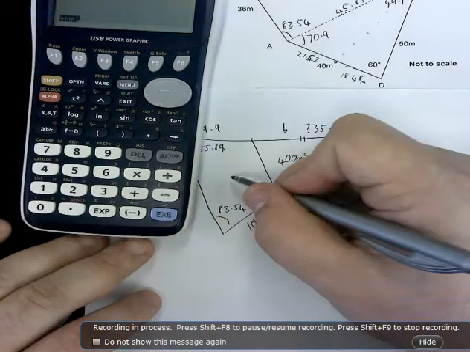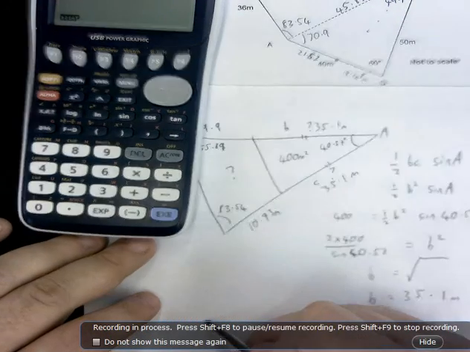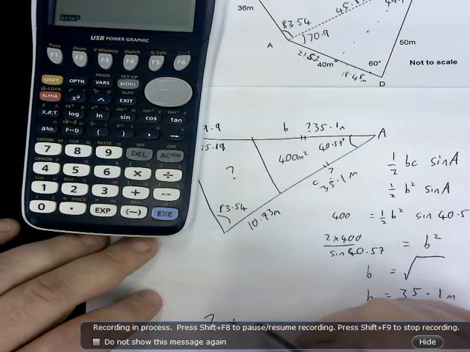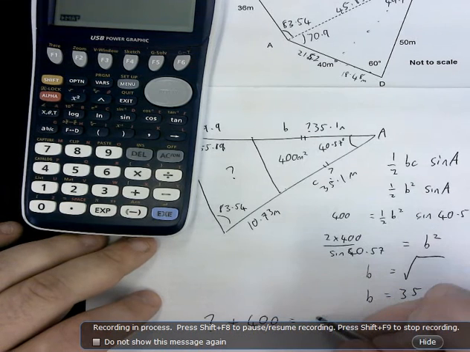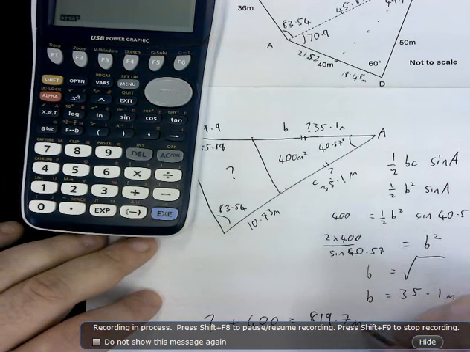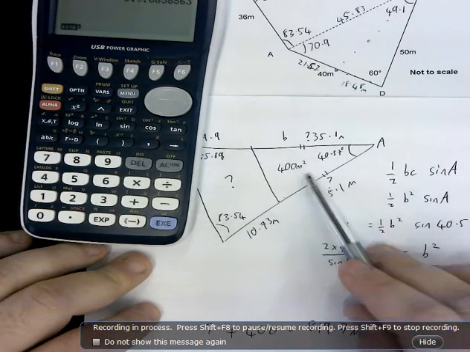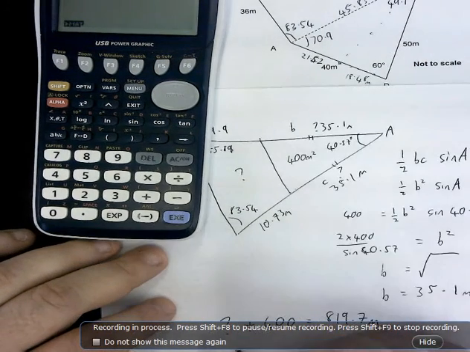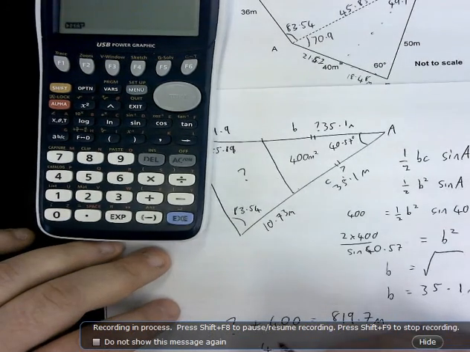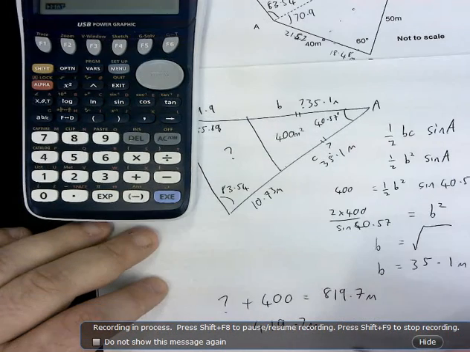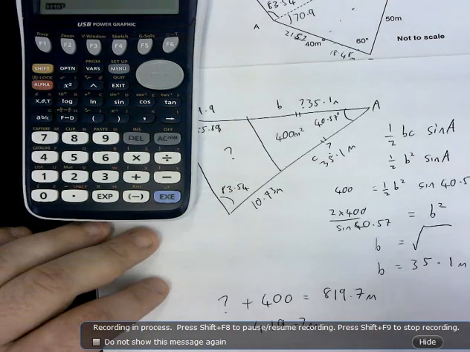So this region here will be, since this is 400, this region is 419.7 meters or thereabouts, and it's a quadrilateral, it's not a triangle.